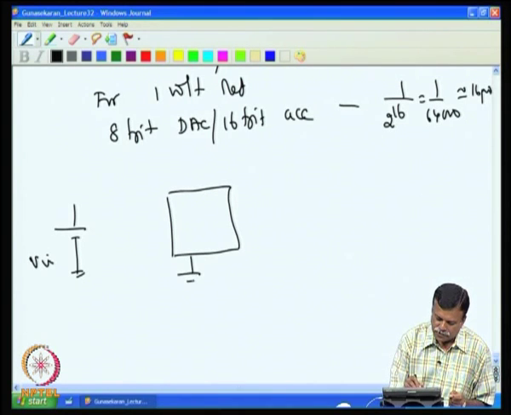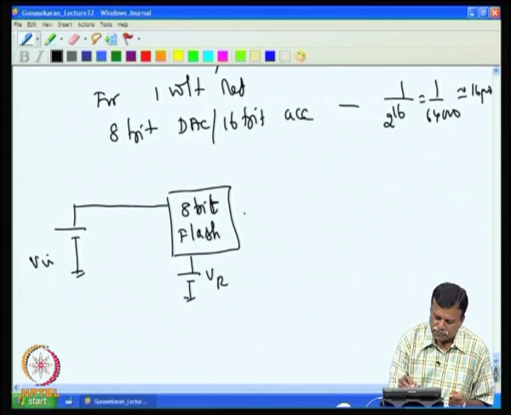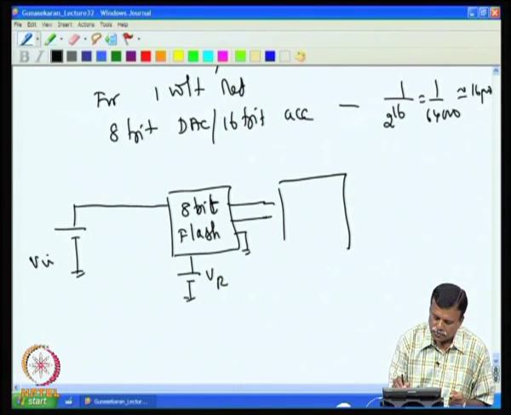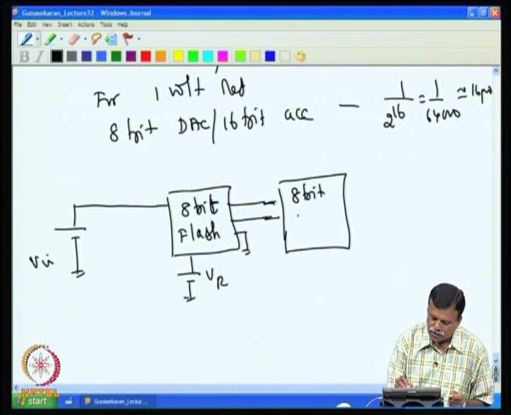I have a V reference here and then I give it to the input. So, this is an 8 bit flash, which gives you output to an 8 bit DAC, but with 16 bit accuracy.